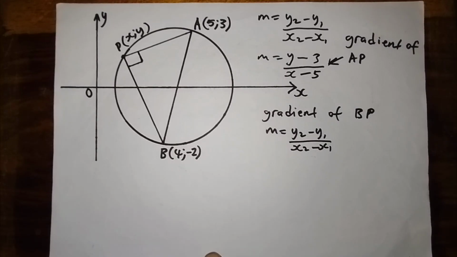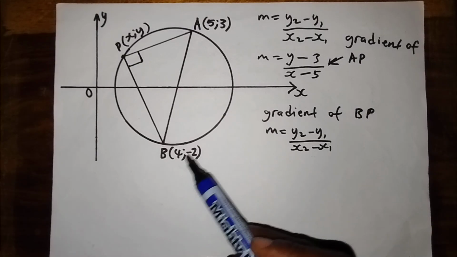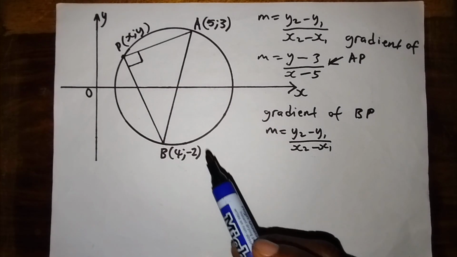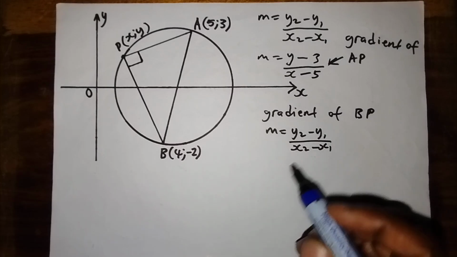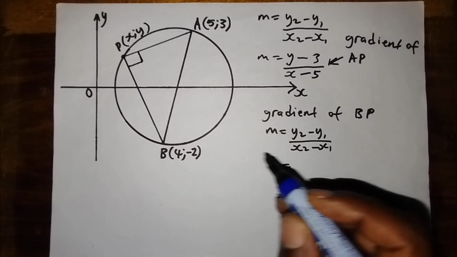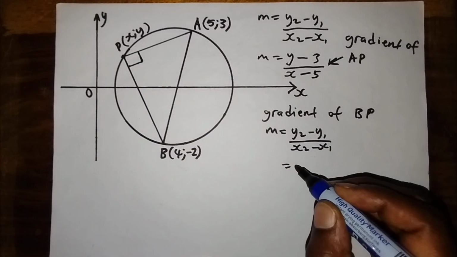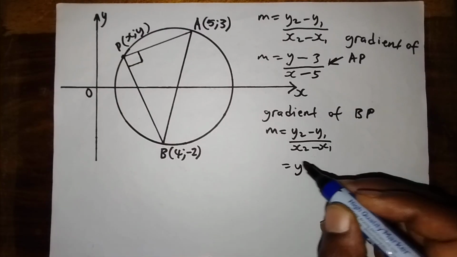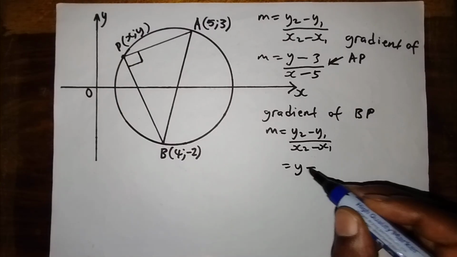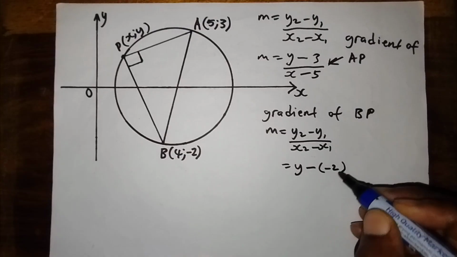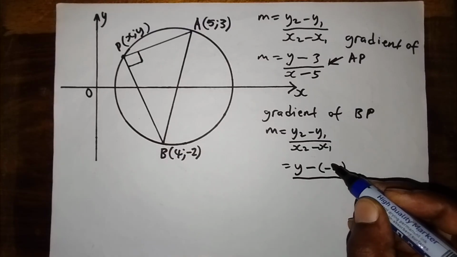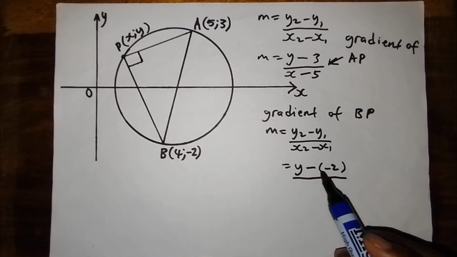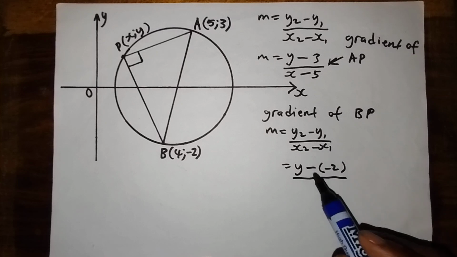So to find the gradient of BP, I'm going to take these coordinates and substitute them in this formula. My y2, I'm going to take that y at P, and my y1 will be minus 2. So y minus minus 2. Be careful here. This minus is for the formula which we are using to find gradient.